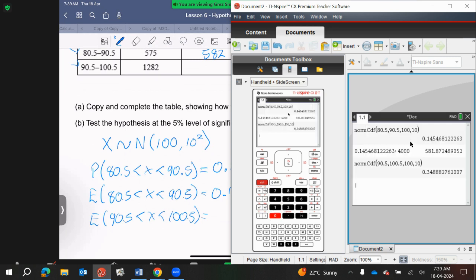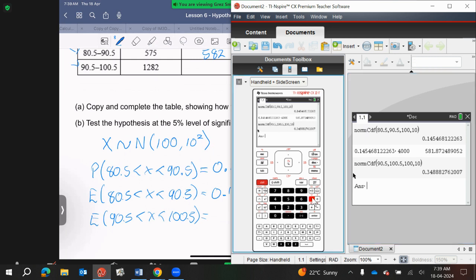Times that by 4,000. So this is 0.349. 0.349 times 4,000 is going to give us 1396.